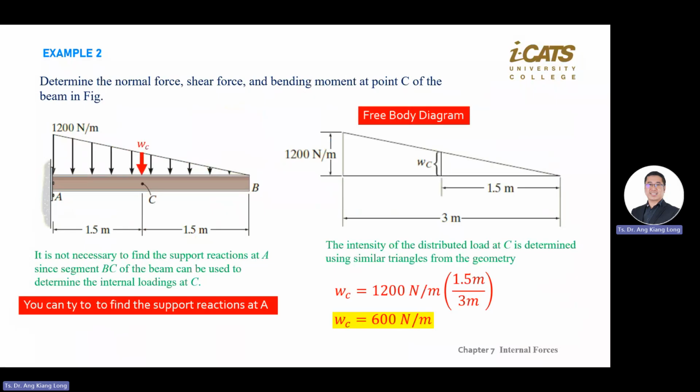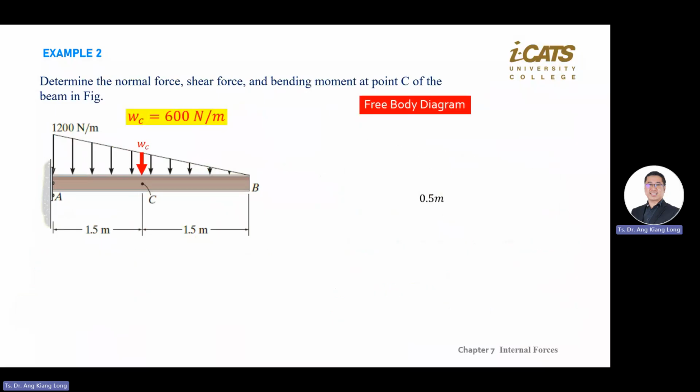Of course, you know how to calculate this from chapter 3 or chapter 4. Then what is important is we look at points B and C only. Why not A?